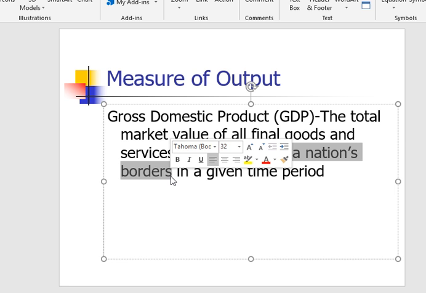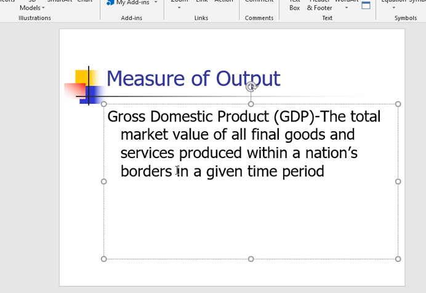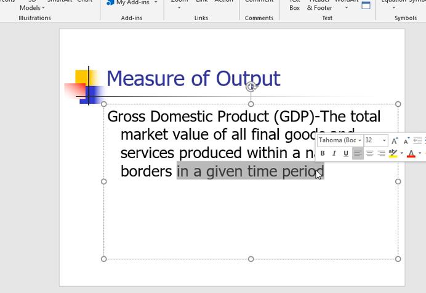Another thing that we also have to pay attention to is that when we measure the GDP, it is time specific. So if we are talking about the GDP of 2017 quarter four, we're not looking at the GDP of 2017 quarter three.